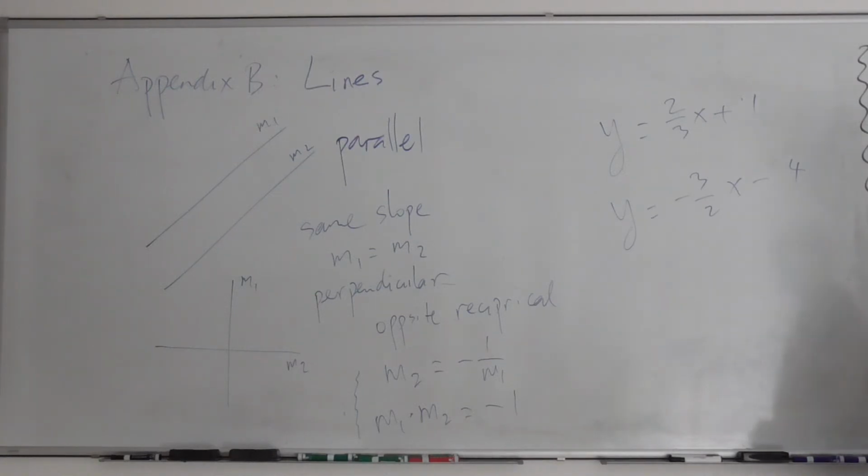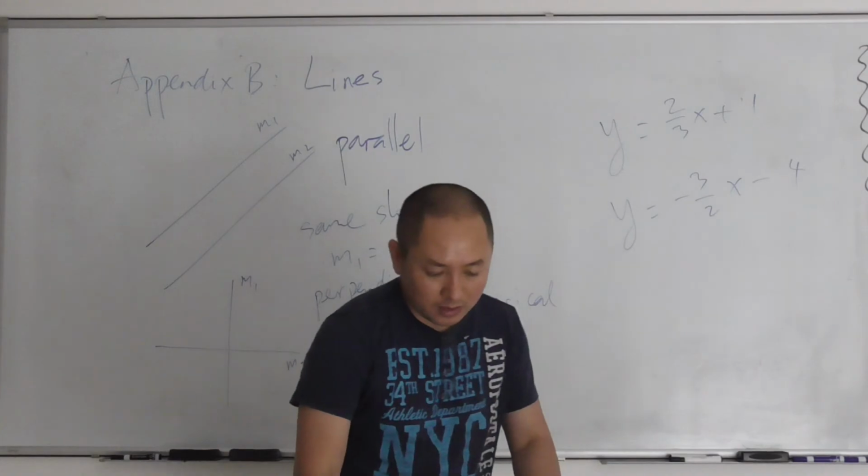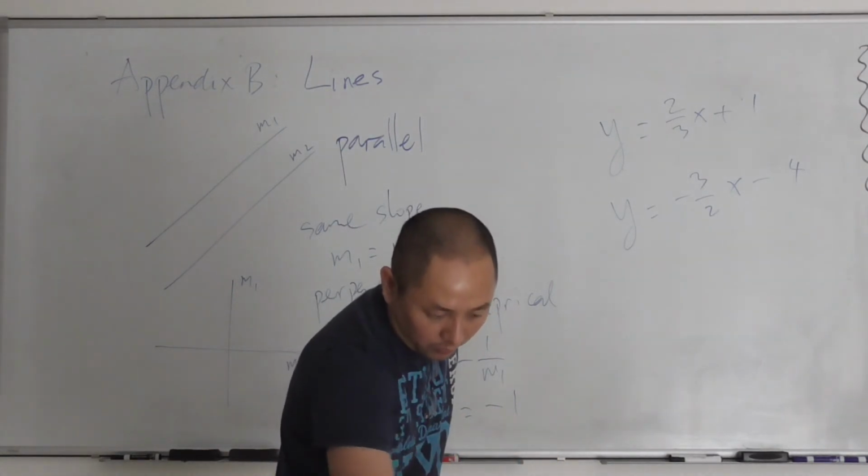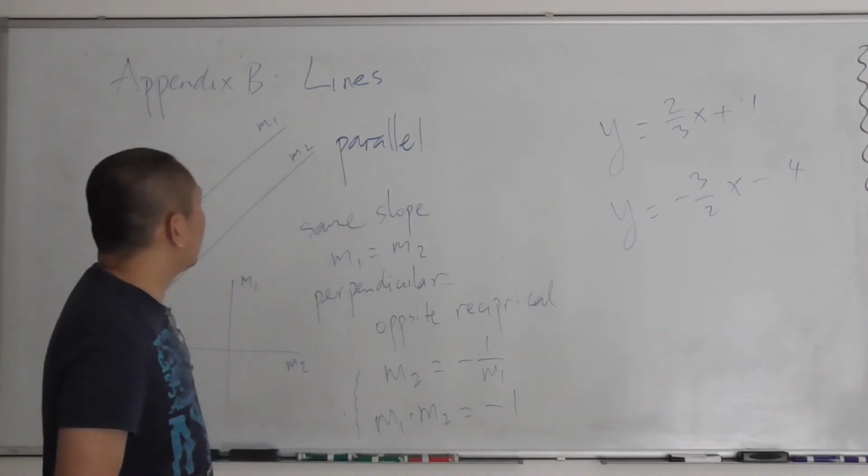So this is a very short appendix because it gives you a review about the line, and I'm pretty sure you have seen this before. I'll just briefly go over all the main points about lines.